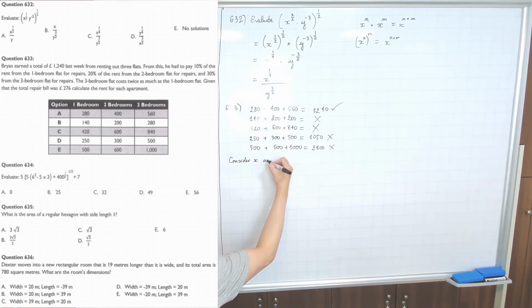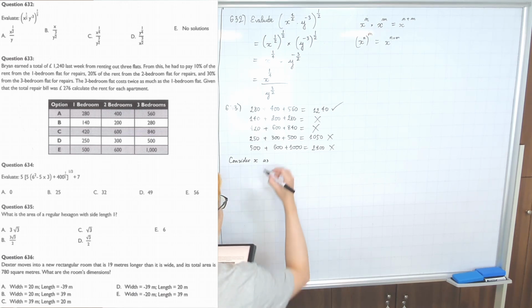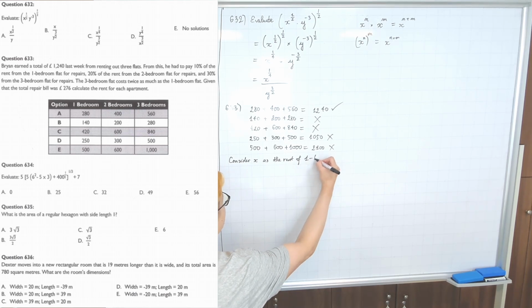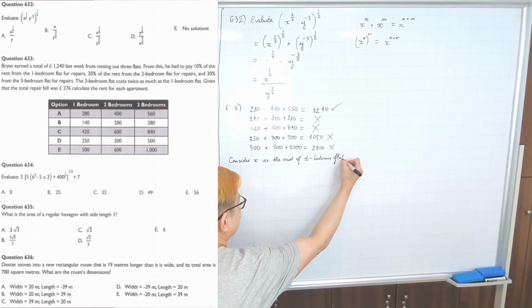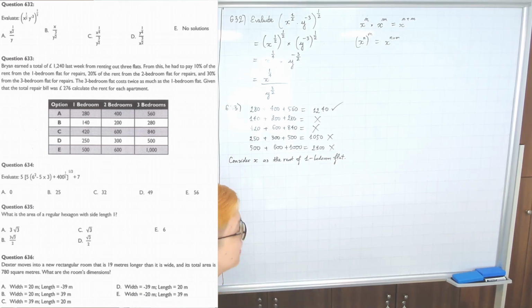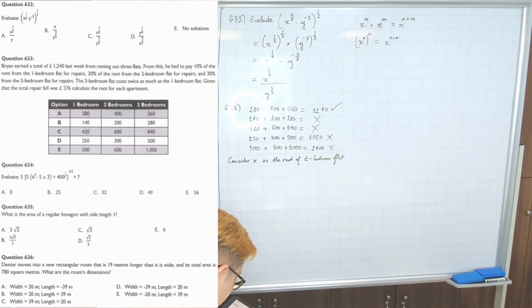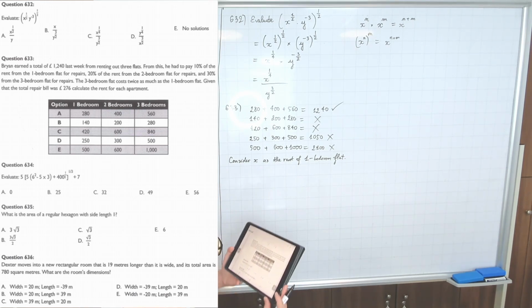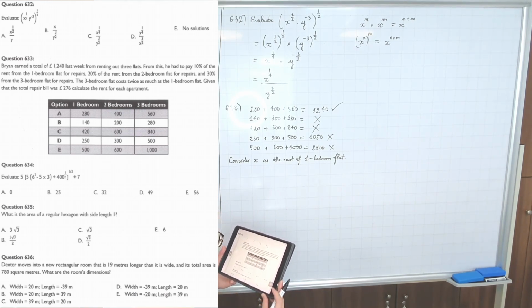x as the rent of one bedroom flat. So, one bedroom flat you have to pay 10% repair.